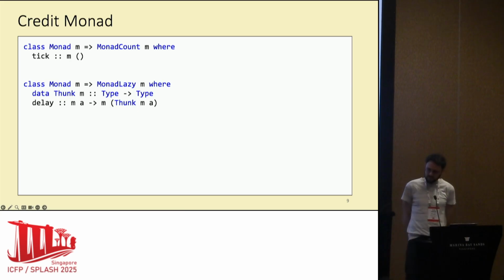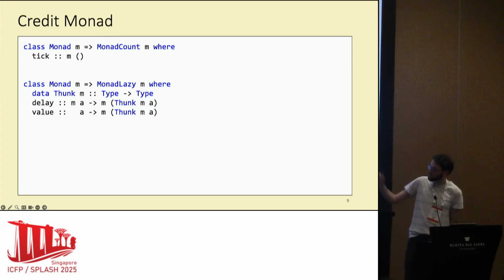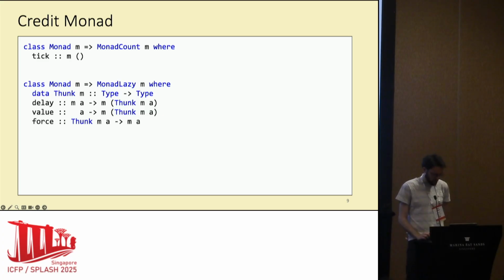And the way you do this is by having a delay constructor. So delay takes a monadic computation and puts it into a thunk without looking at it. You can also actually just put a value in, so this is an already memoized thunk. And then you have a forcing function which takes a thunk and gives you the result of the computation. And the idea is that in the implementation, force, of course, memoizes the result and only runs a thunk once.